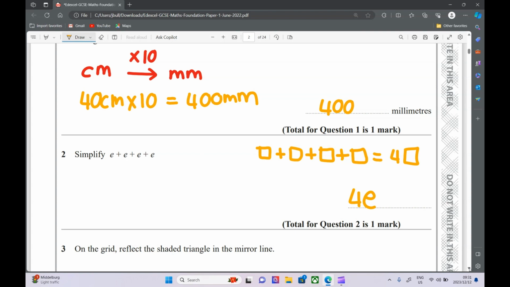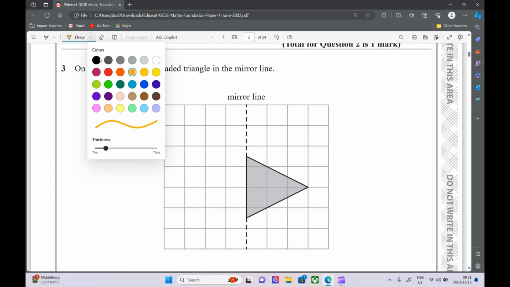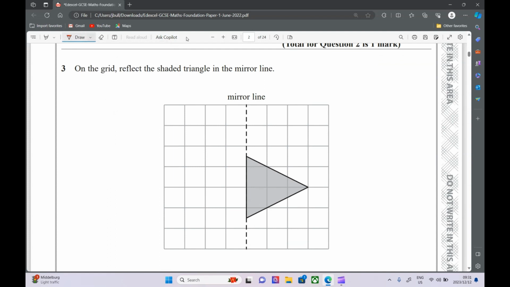On the grid, reflect the shaded triangle in the mirror line. If you have a mirror line, it's really straightforward. All they want you to do is draw on the opposite side. So imagine that this is a mirror. What would the reflection be? If it's a reflection, it's going to be exactly the same shape and exactly the same size.